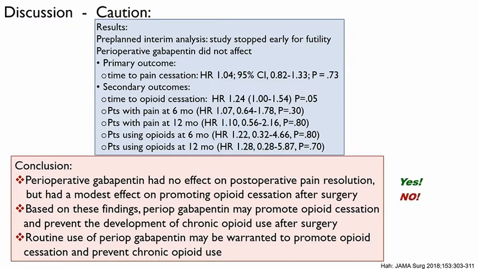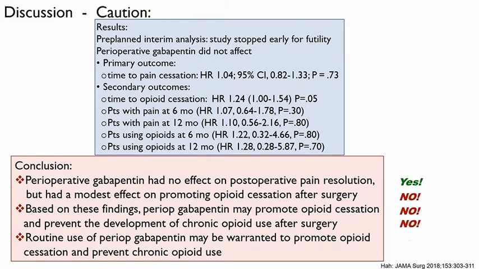And then you look at the other conclusions. And the data don't say that it had a modest effect on promoting opioid cessation because opioid cessation was not different. No, gabapentin didn't promote opioid cessation and it didn't prevent the development of chronic opioid use.